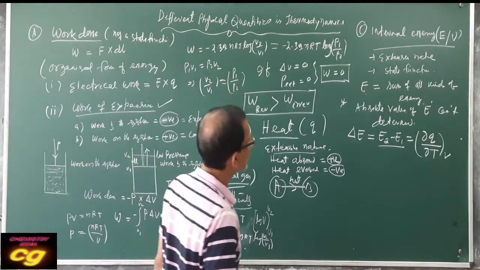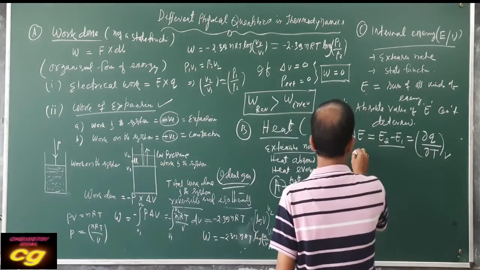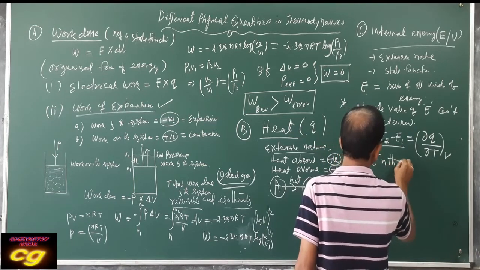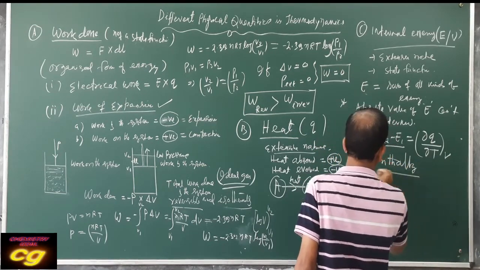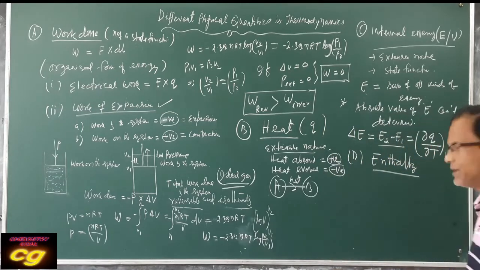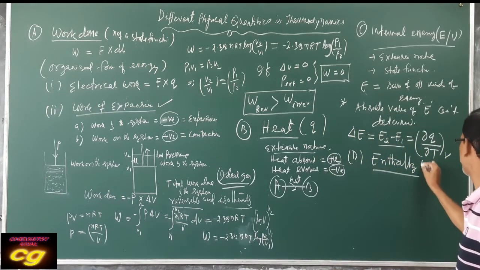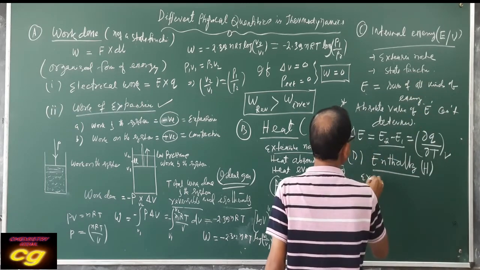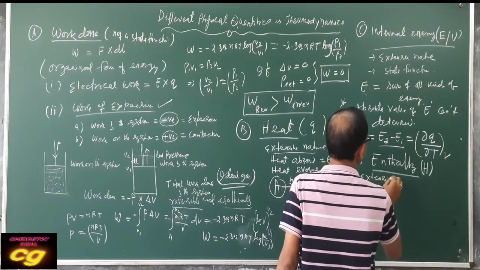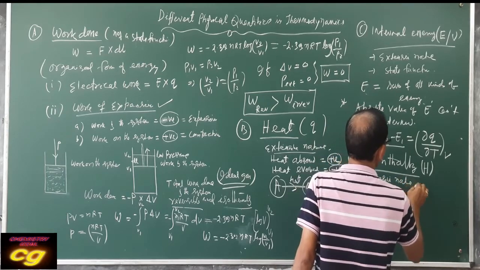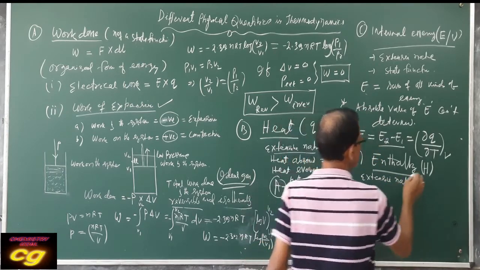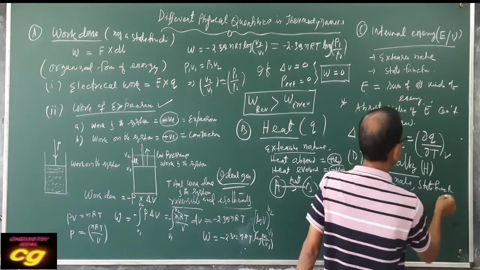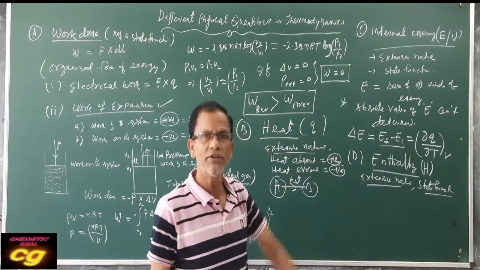Then another important thing is enthalpy. Enthalpy is also one physical quantity. Its symbol is H. And it is also an extensive property, and also a state function, like internal energy.